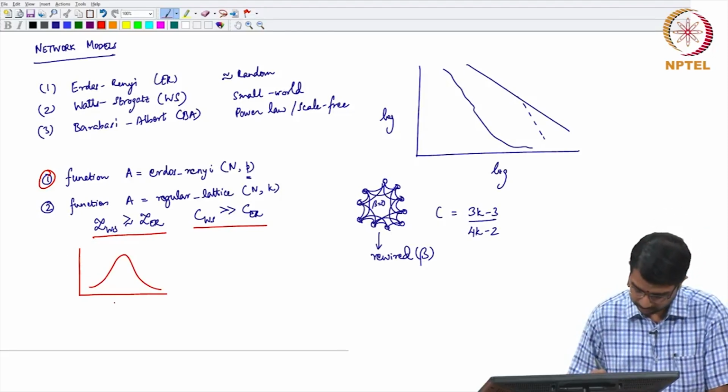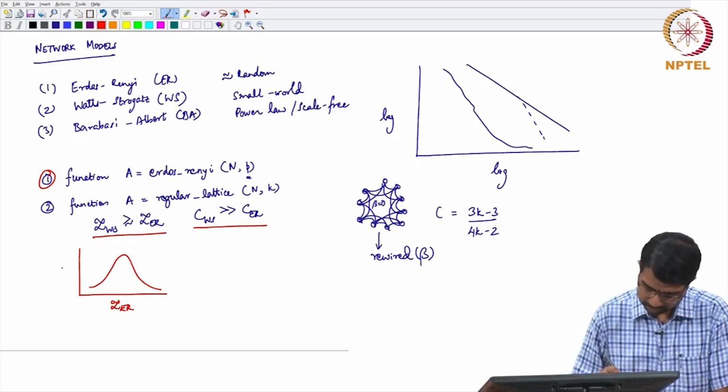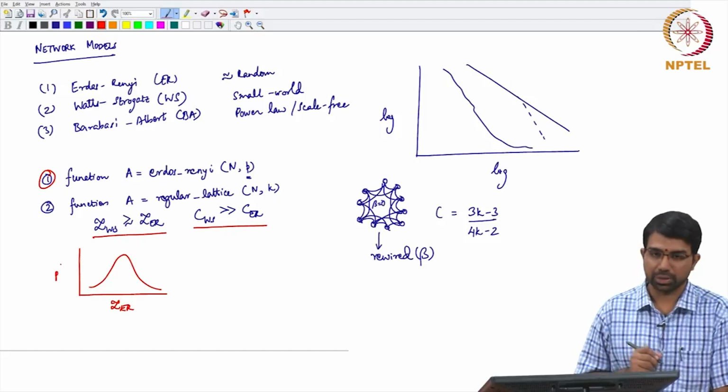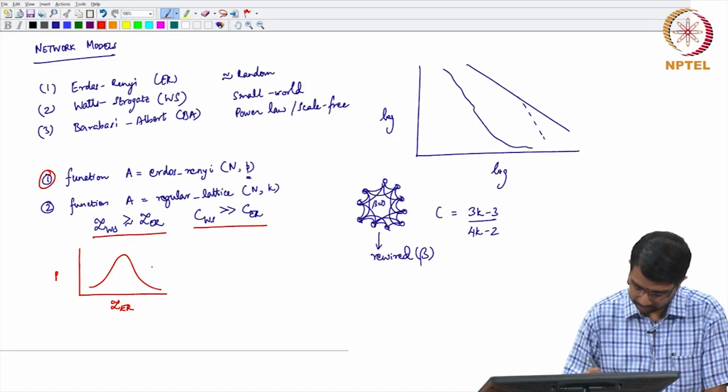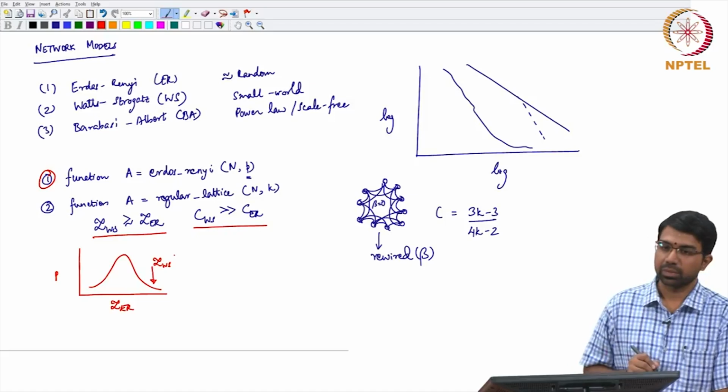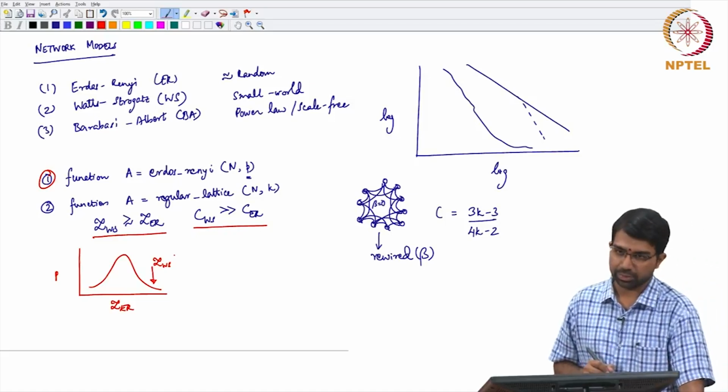So, this is L_ER and this is some probability of observing, count, frequency, whatever, and you might find that L_WS lies somewhere here.